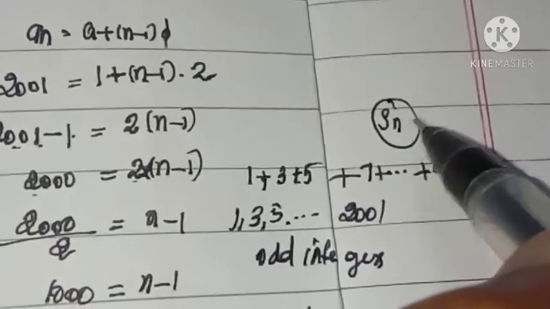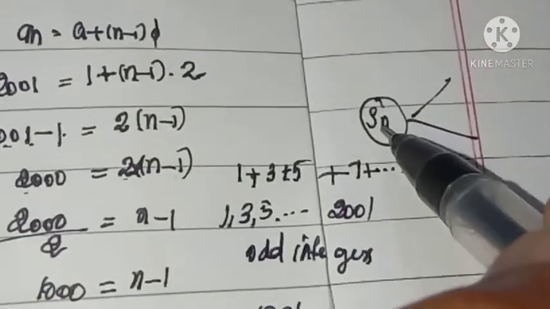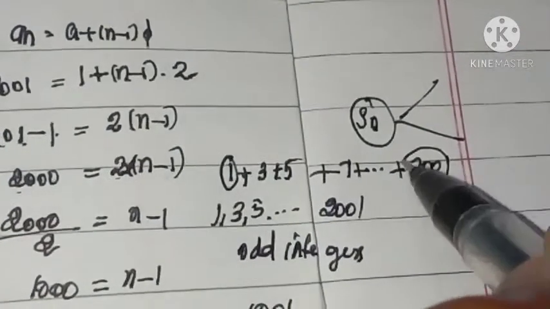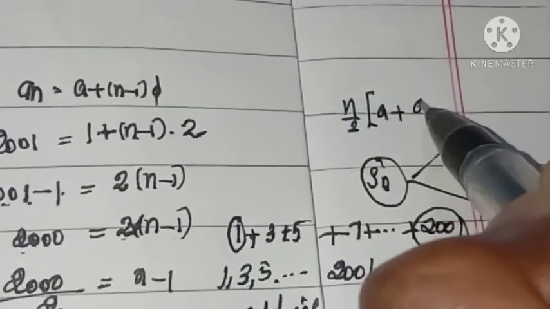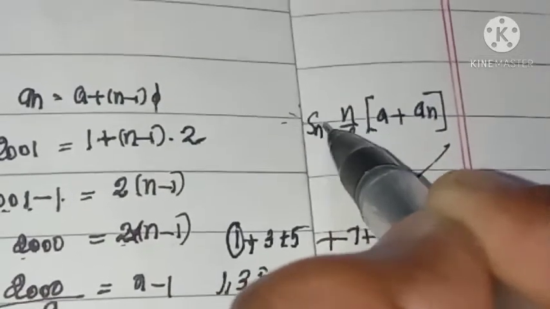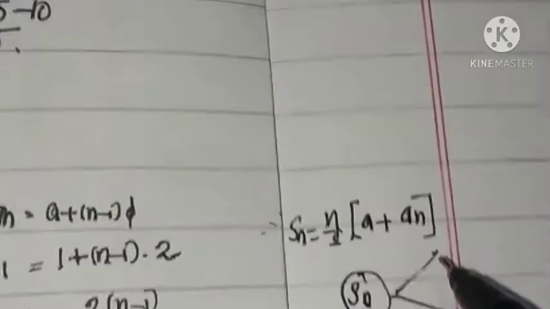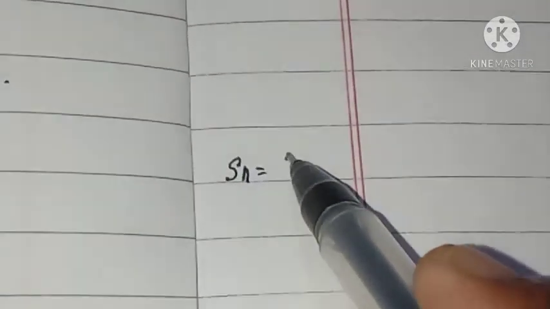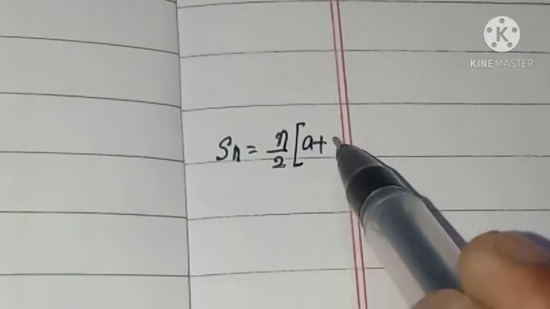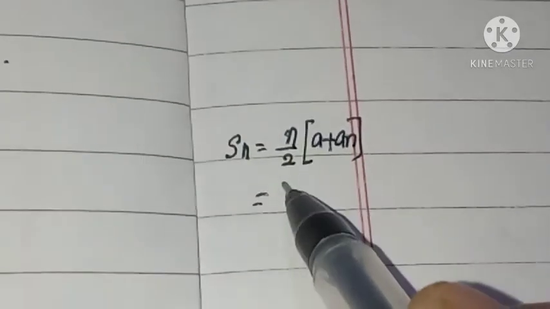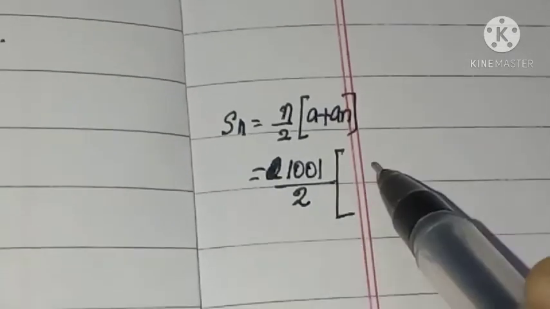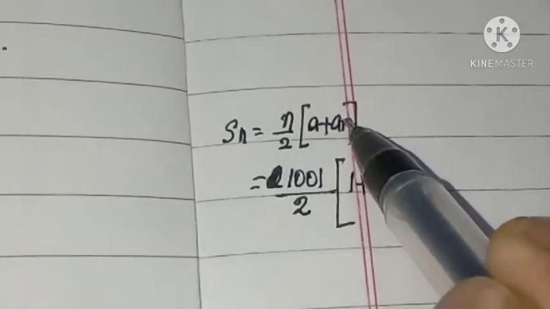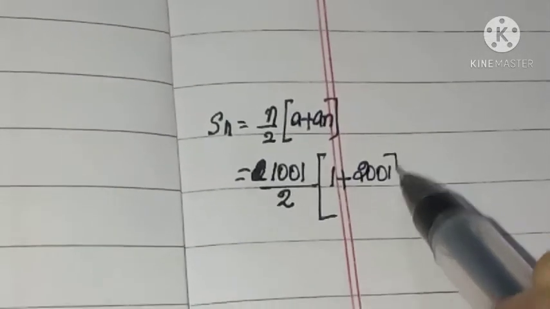I already told you there are two formulas to find Sn. Here we know the first term and the last term, so use the formula Sn equals n by 2 into (a plus an). n is the number of integers, 1001, by 2 into (a plus an). The first term is 1 and the last term is 2001.